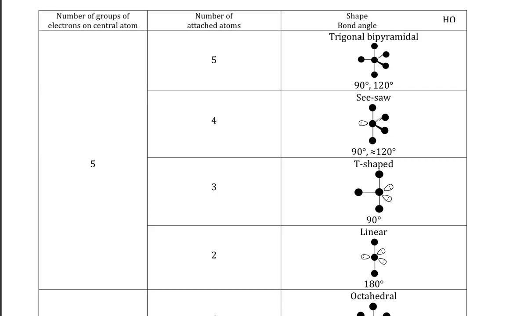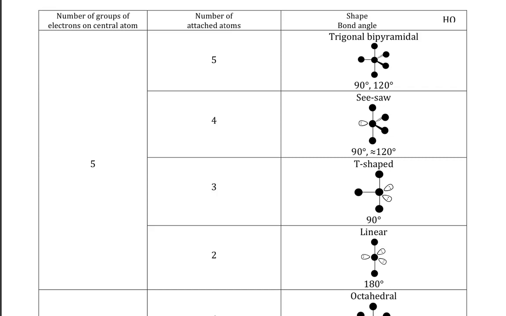So the lone pair there is 90 degrees away from the upper one and the lower one. So 90 degrees away from two other groups of electrons. 120 degrees away from those other two, but that's a much bigger angle, so we ignore that. So it's 90 degrees away from 2.